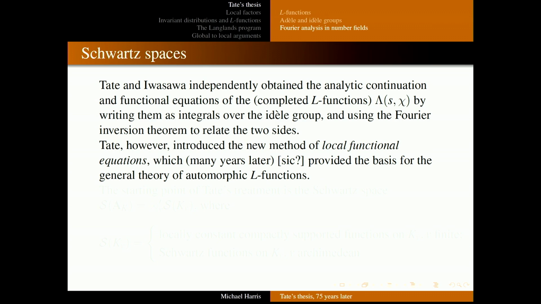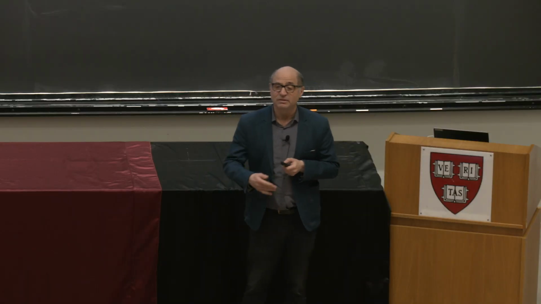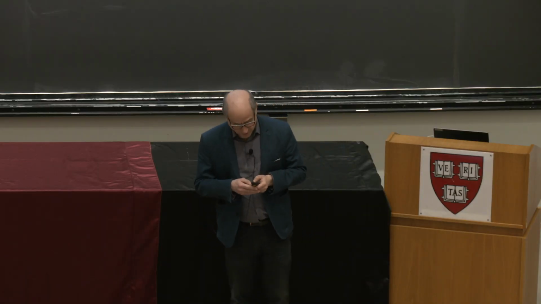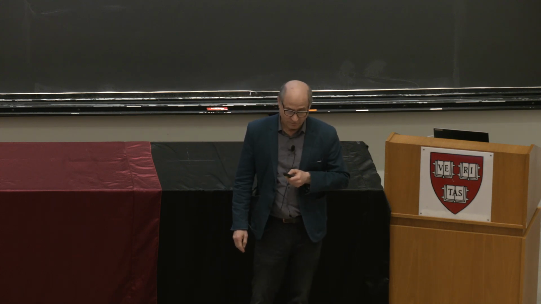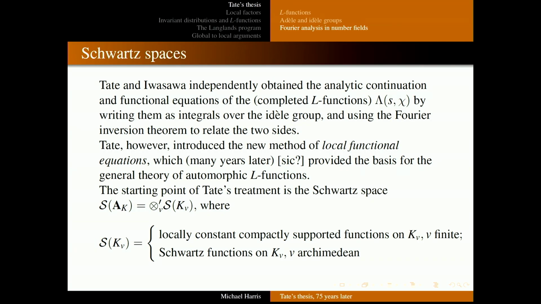So here's the starting point of Tate's thesis, and I will try to go through it in order to highlight the similarities with what followed. So you have to define the Schwartz space of functions on the Adeles. And for the finite places, this is the restricted tensor product, which I won't explain.